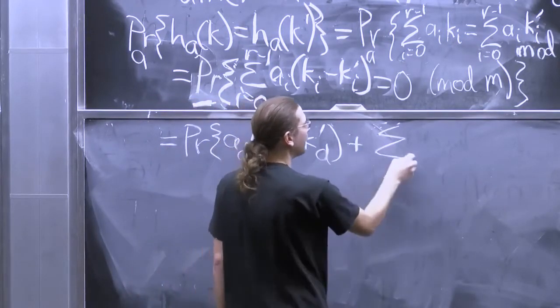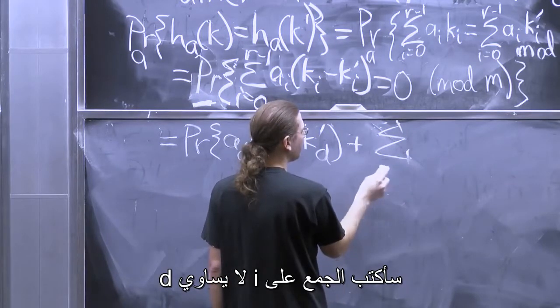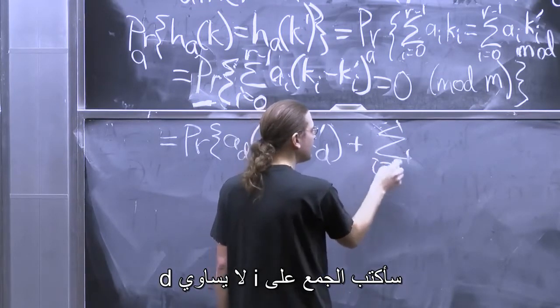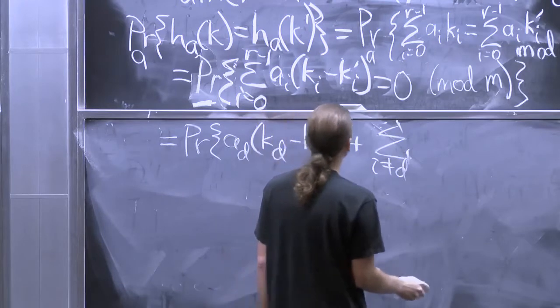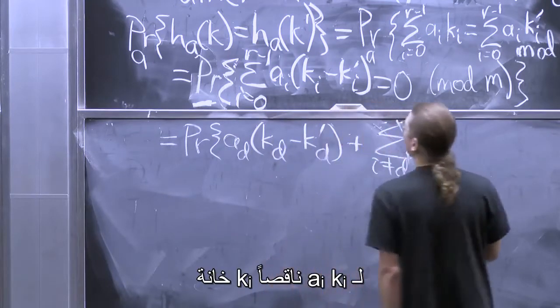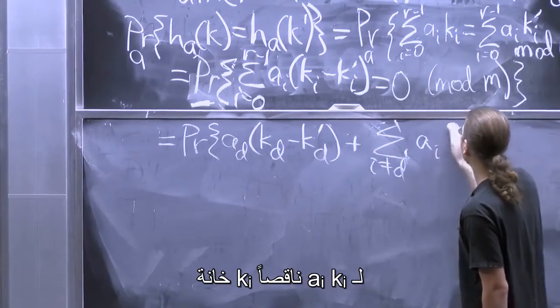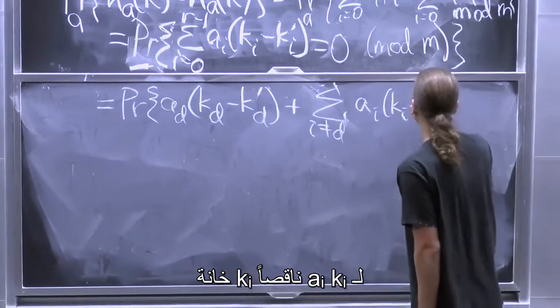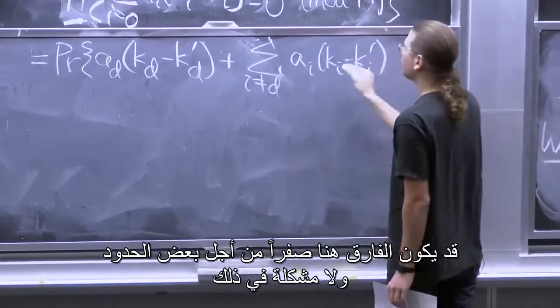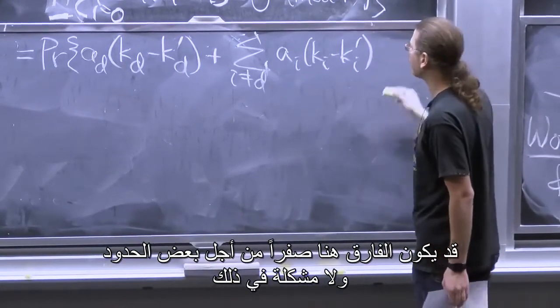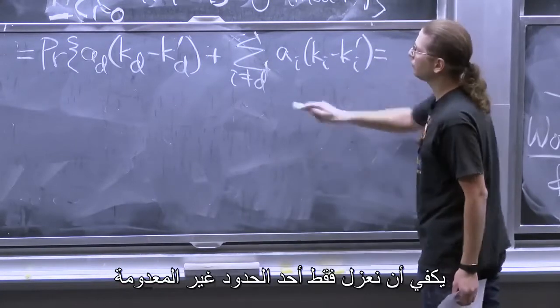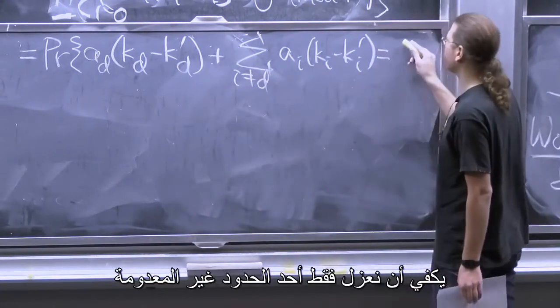That's one term. I'm going to write the summation of I not equal to d of a I ki minus ki prime. These ones, some of them might be 0, some are not. We're not going to worry about it. It's enough to just isolate one term that is non-zero.